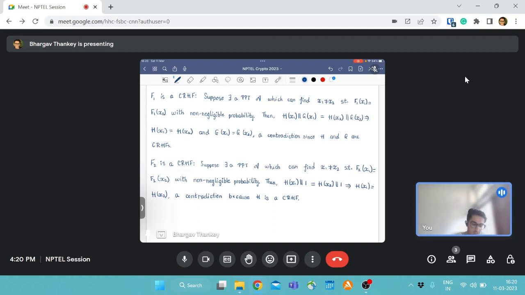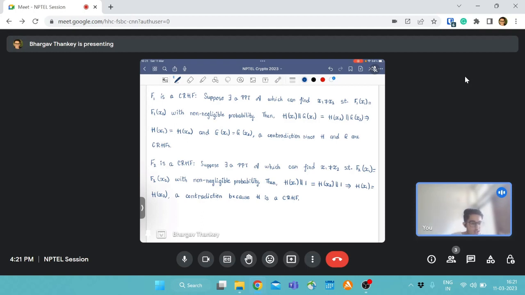Now, over here, we could have assumed that 1 is also a hash function. That is, we have h of x concatenated with g of x, where g just maps any input to 1.